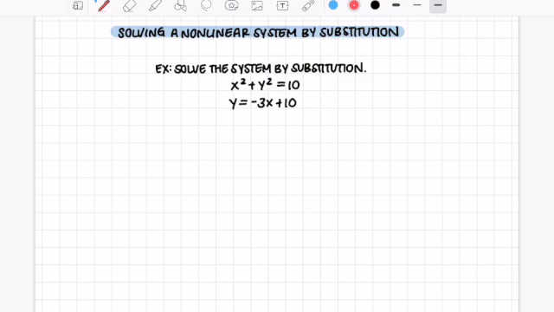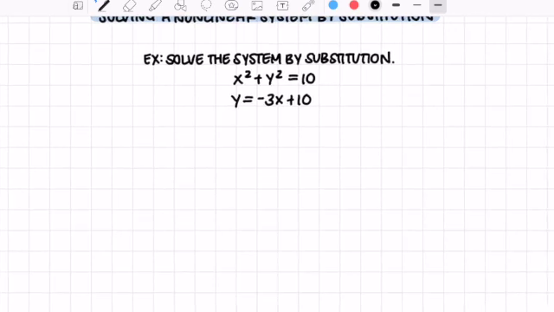So when I do that, my x to the power of 2, which is right here, and y to the power of 2 equaling 10, turns into x to the power of 2 plus parentheses, and I'm just inserting this negative 3x plus 10 into the equation, substituting for y.